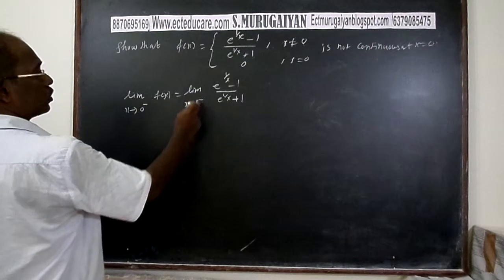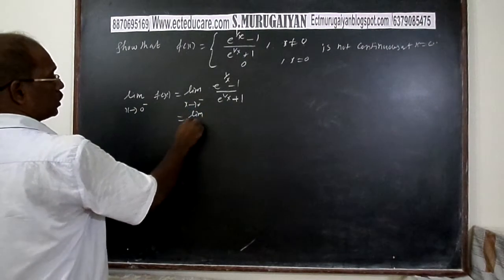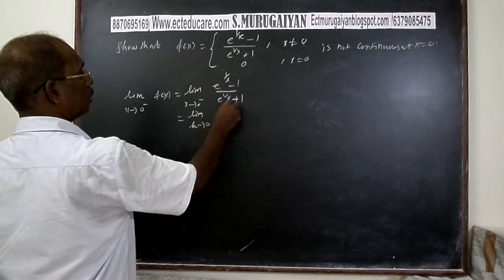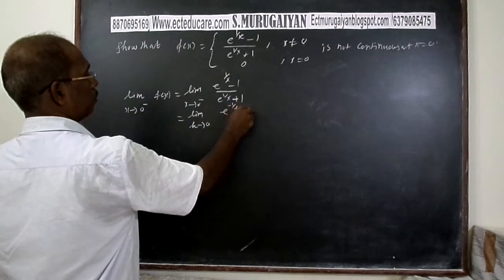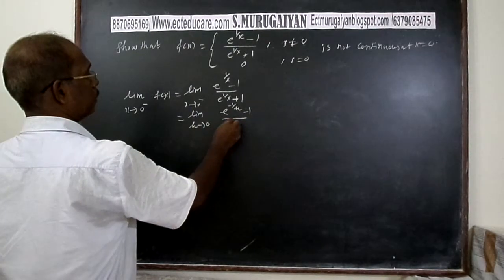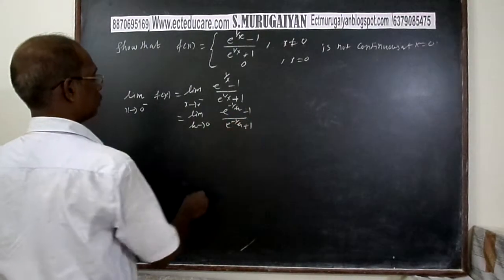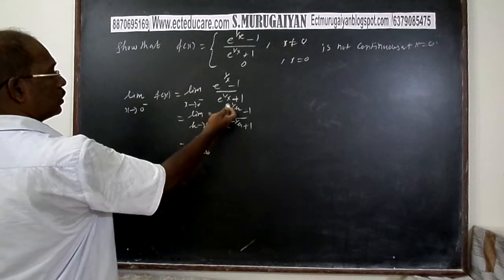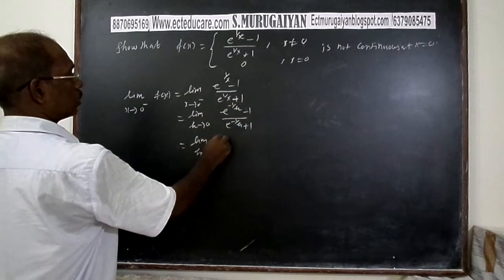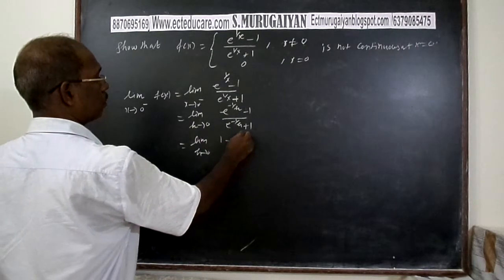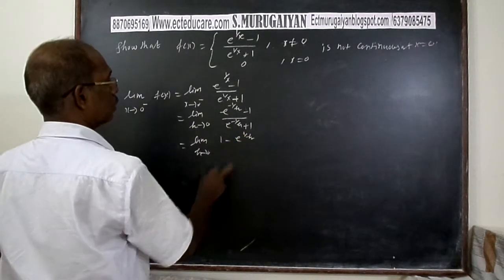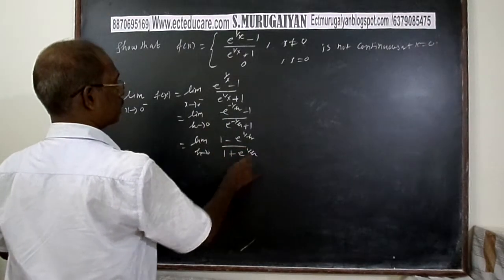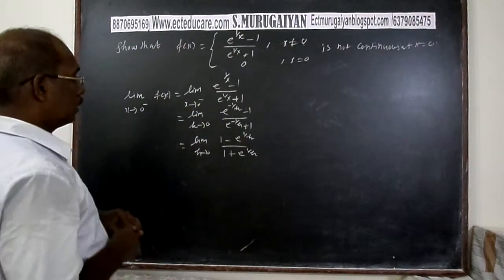To avoid this superscript, introduce the smallest positive number h, h approaches 0, so this is (e power minus 1 by h minus 1) by (e power minus 1 by h plus 1). Then taking the reciprocal form, limit h approaches 0 (1 minus e power 1 by h) by (1 plus e power 1 by h) after simplification. So the common denominator is cancelled.